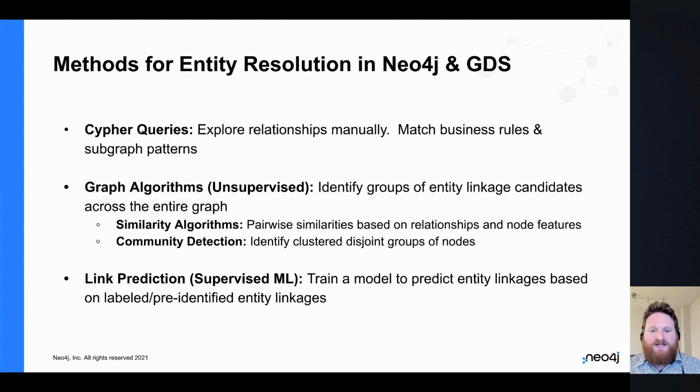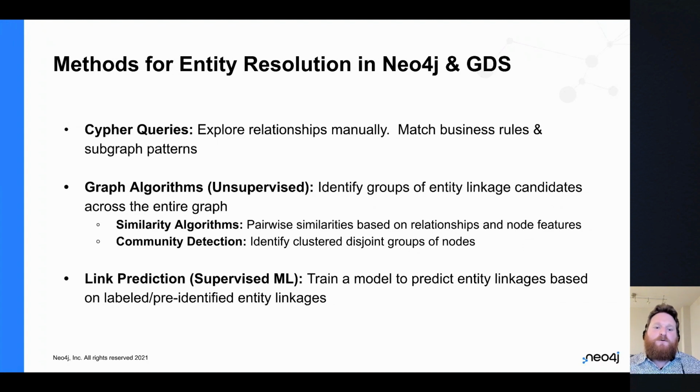So I wanted to take some time to go over some more broadly methods for entity resolution inside a graph. I'm focusing on supervised entity resolution here, but I wanted to go back and cover some other bases just so that you get a comprehensive picture. So first, Cypher queries. With Cypher, you can match different subgraph patterns inside of the graph and create business rules and logic around that will allow you to essentially scan the graph and assign different entity relationship inferences.